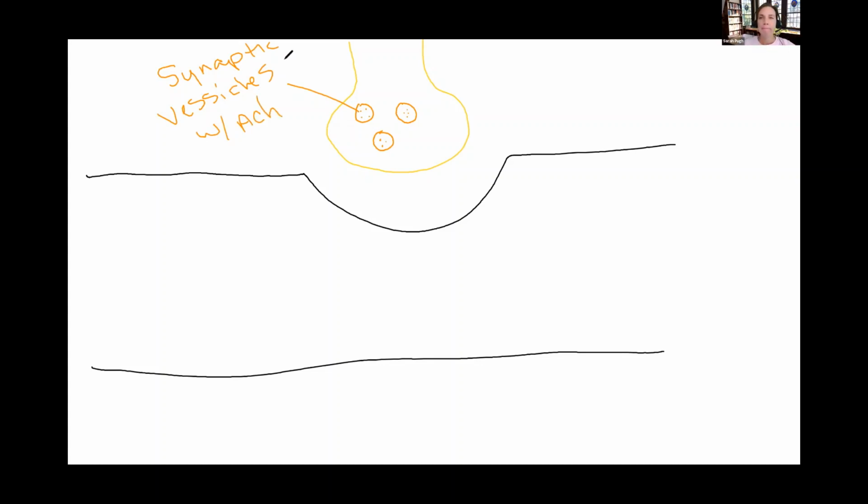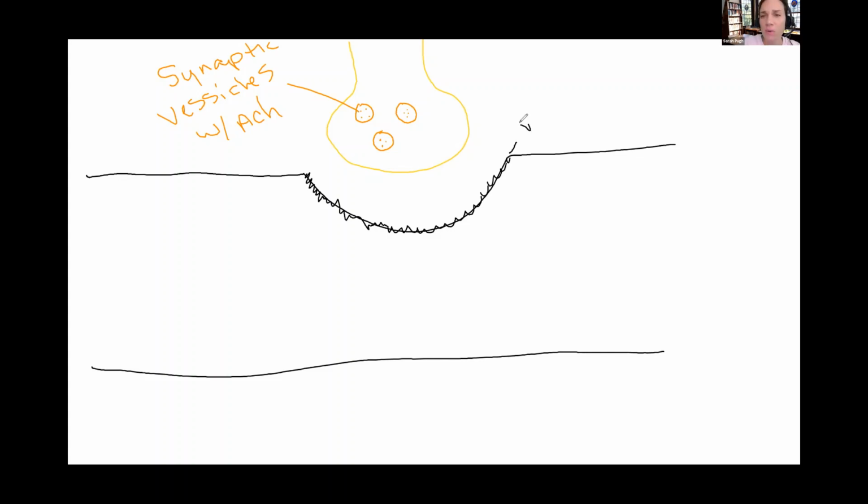Okay. Now, I also told you that directly opposite from that axonal ending on the sarcolemma, you have something called the motor end plate. So it's really like this portion right here. It's not smooth. It's sort of a wavy area, and that is our motor end plate.